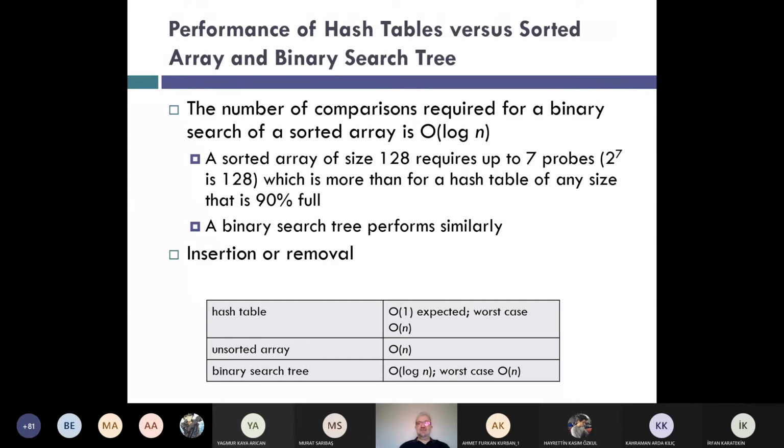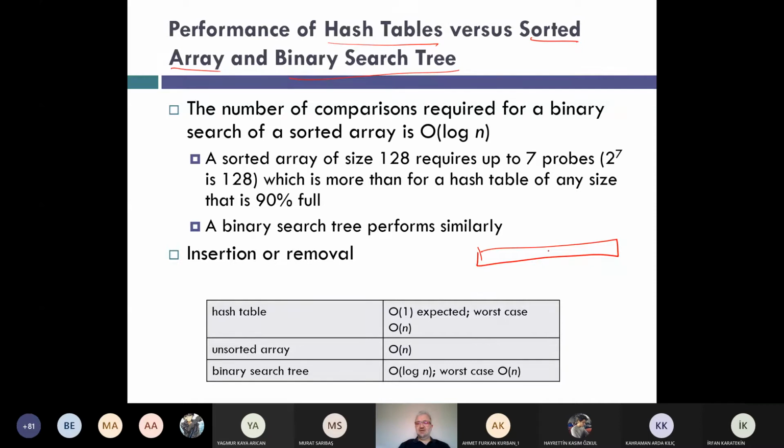So when we compare the performance of the hash table with sorted array and binary search tree, for example, in a sorted array, the search operation can be performed with binary search.